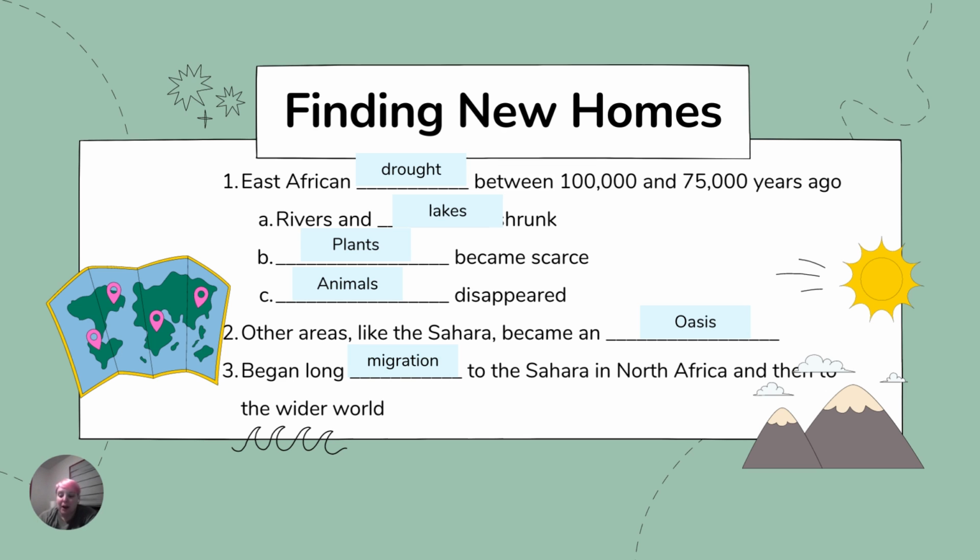At the same time, other areas of Africa, like the Sahara, became an oasis, which is an area where plants can grow. Due to these widespread changes, about 10,000 Paleolithic people living in East Africa began to leave their homeland. This migration or movement first brought people to the Sahara in North Africa, then into the wider world.